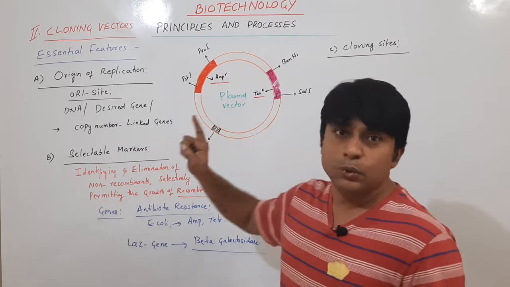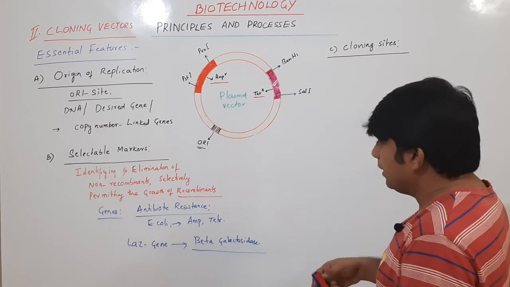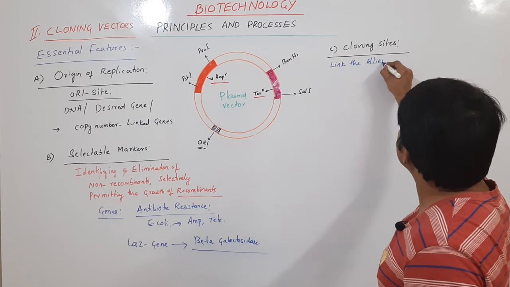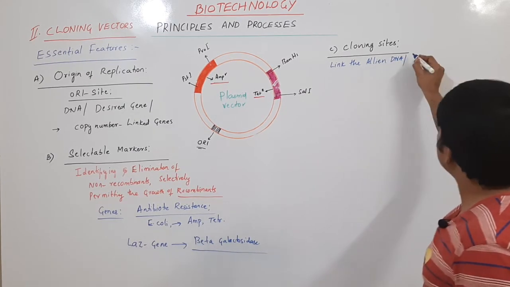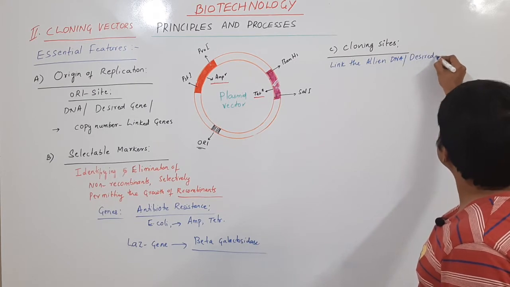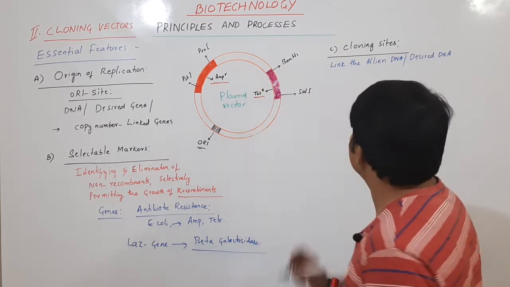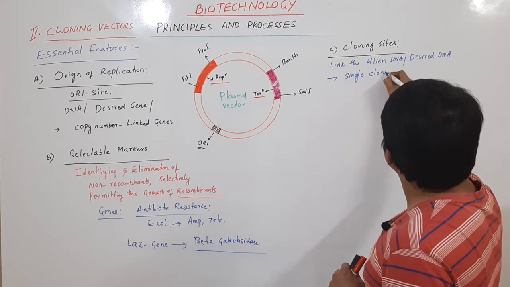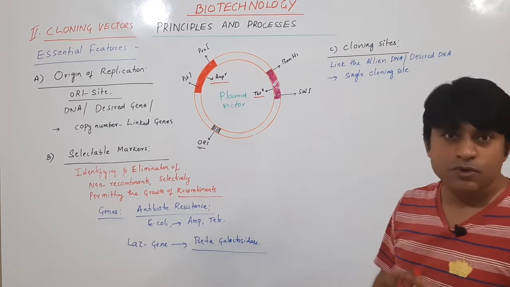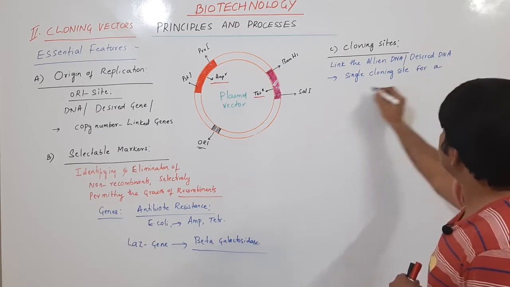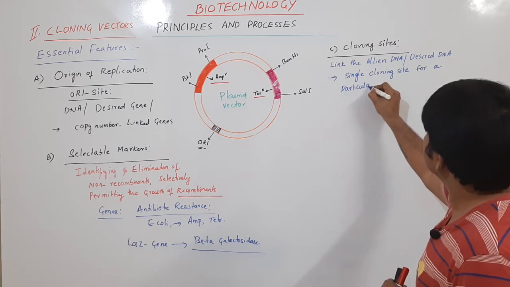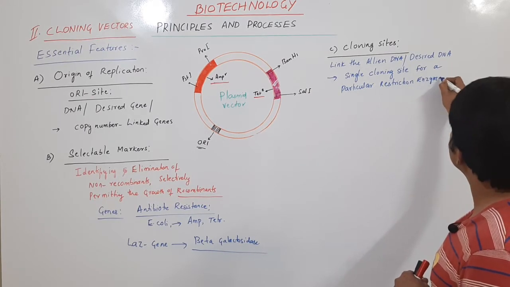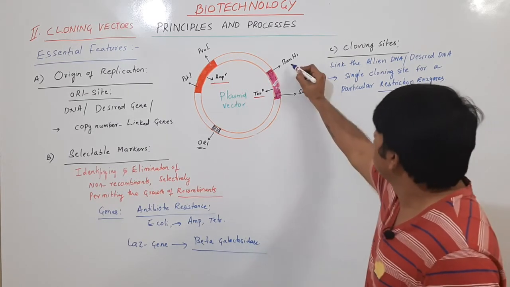In order to link the alien DNA, which is also called desired DNA, a vector should have preferably a single cloning site for a particular restriction enzyme. So listen, these are all cloning sites.